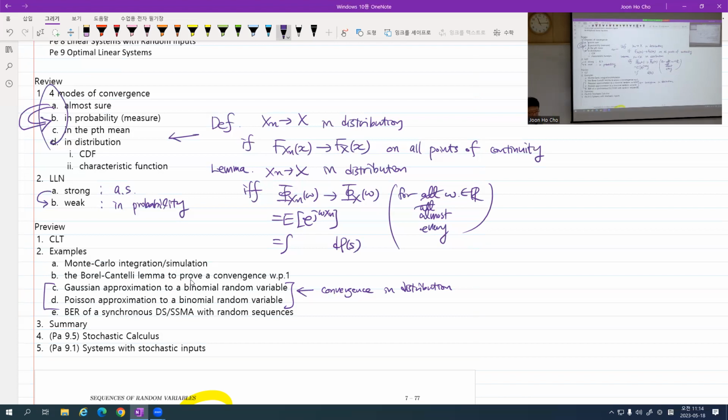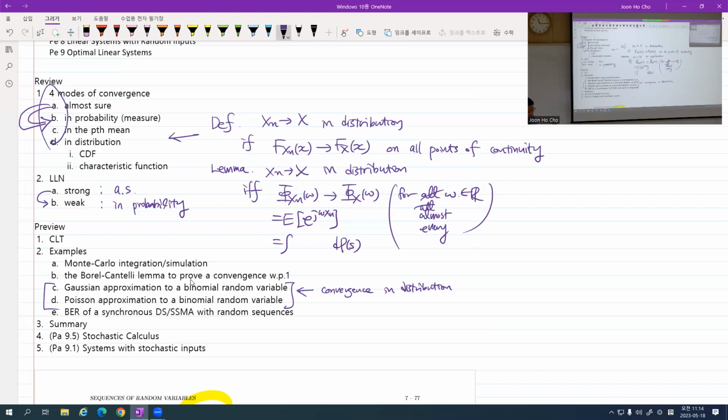And then we are going to move to sections 9.5 and 9.1 that deal with systems with stochastic inputs. The reason why we first study stochastic calculus is because some systems, not every, but some systems, especially continuous time systems, are well modeled by a differential equation of inputs and outputs.